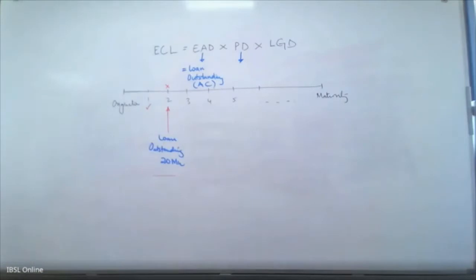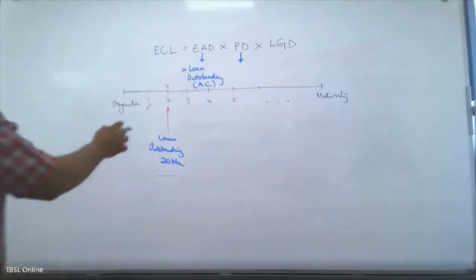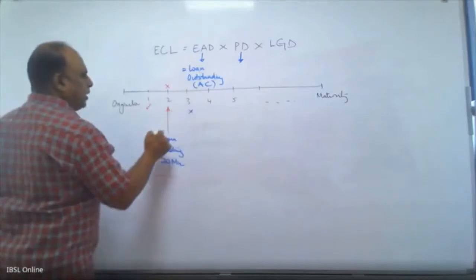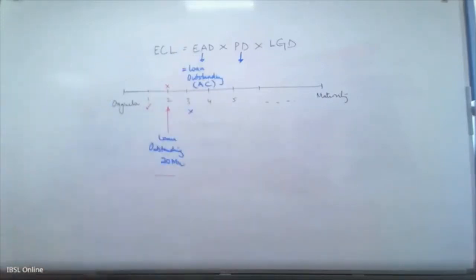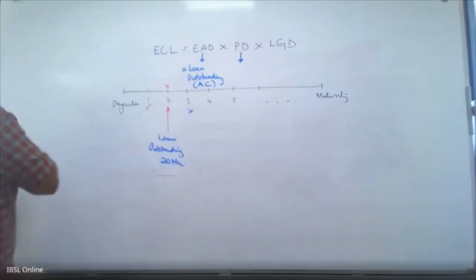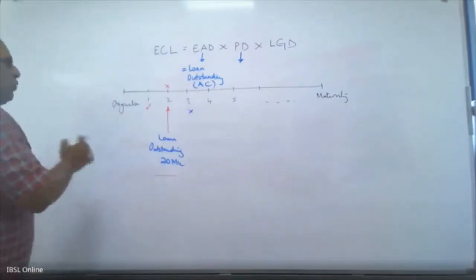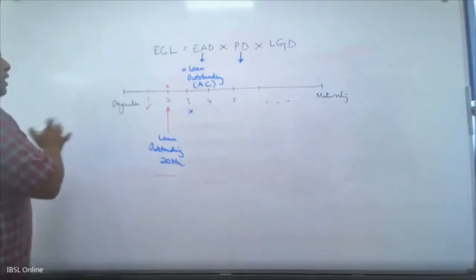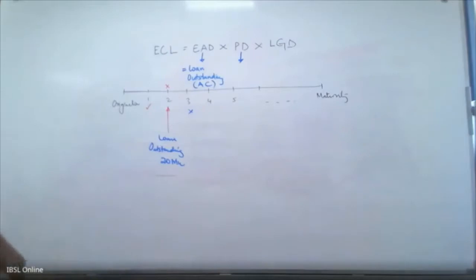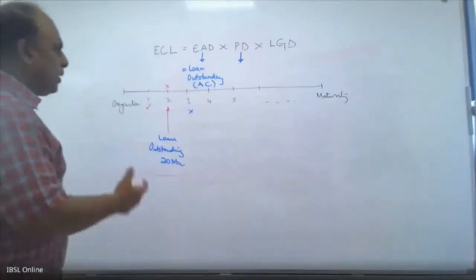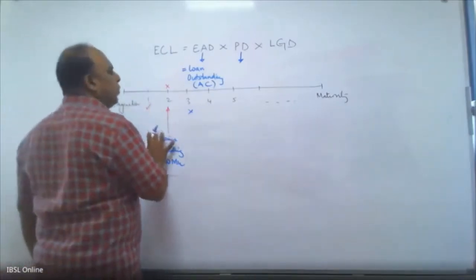We don't know. When it comes to month 3, he might come and pay both installments. But based on your prior experience, how you have dealt with the other loans that you have given in your business, you have to calculate what is the probability of this loan going into bad.